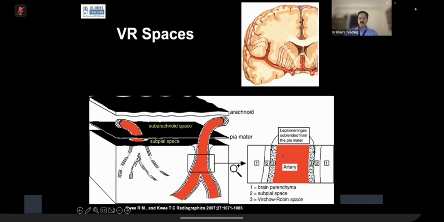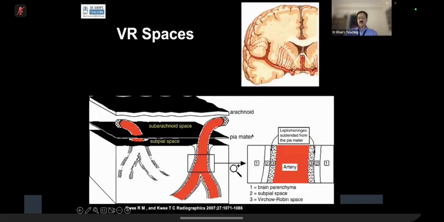So please remember, the vessel is going into the parenchyma. Look at this vessel. When it goes into the parenchyma, surrounding it is a space known as the Virchow-Robin space.